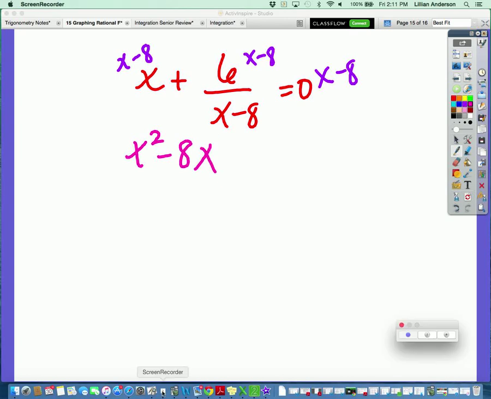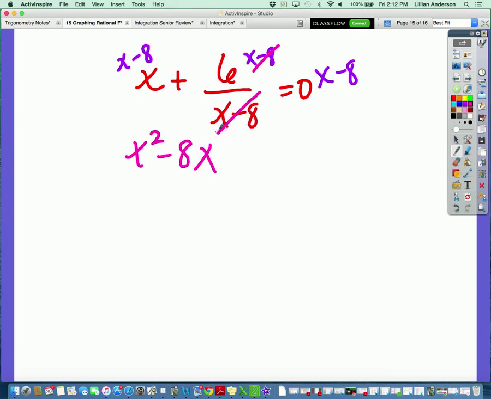Over here, x minus 8, if you multiply, they're going to end up canceling out, leaving just a plus 6, and then 0 times x minus 8 is just 0. So you still get back to that same point, it's just another way to do it. It still works if you multiply every single term by the common denominator.